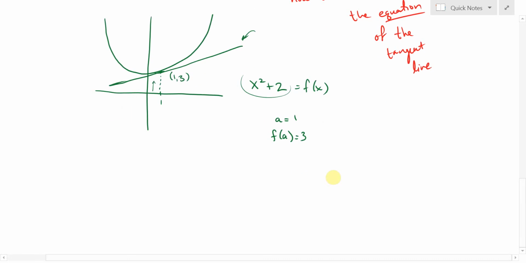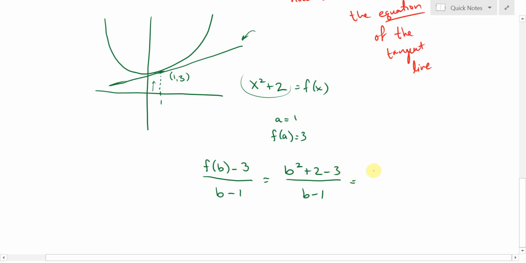And so really the function of b that I'm interested in is f of b minus f of a, but f of a is 3, over b minus a, but a is 1. So I'm interested in this function, or if I expand what f actually is, x squared plus 2, that's really equal to b squared plus 2 minus 3 over b minus 1.